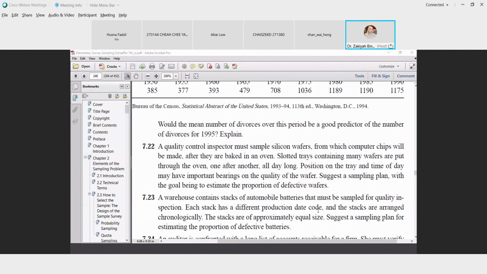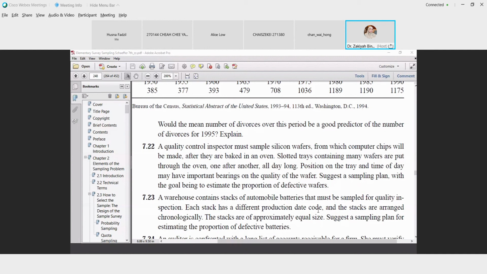It's a continuous process; the machine doesn't sleep. Position on the tray and the time of day may have important effects on the quality of the wafer.